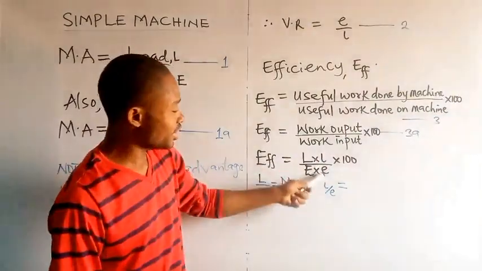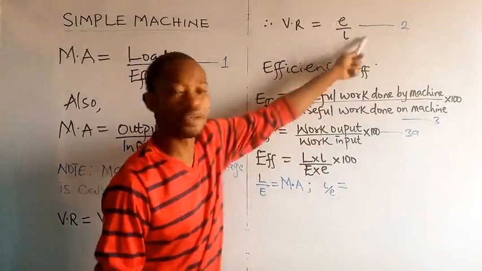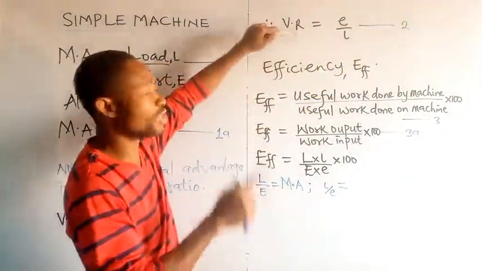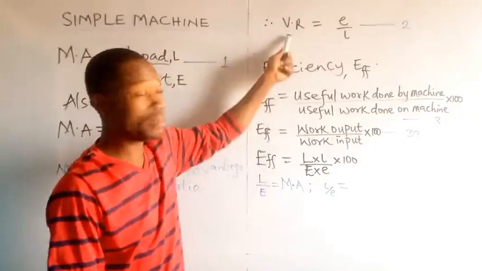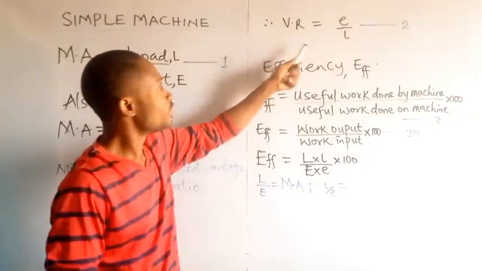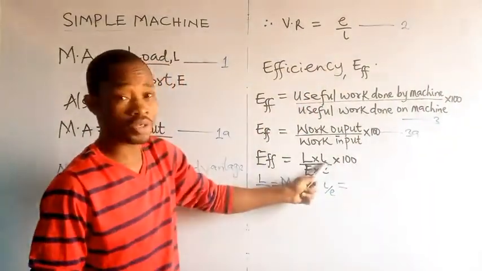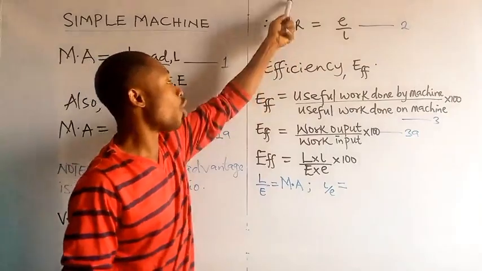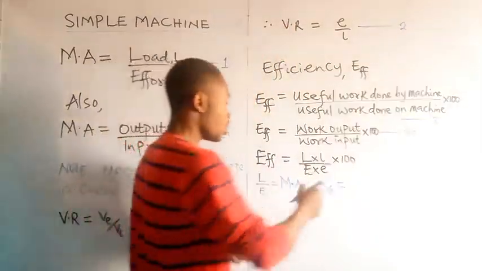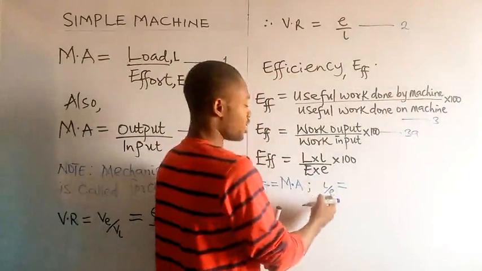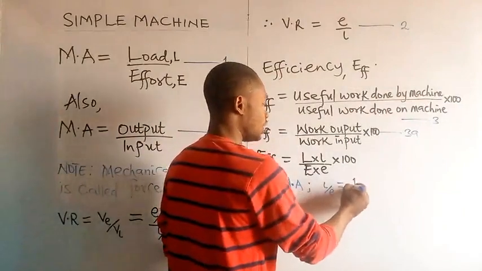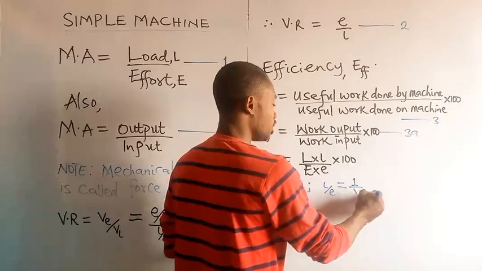So if you compare this with this, it's as if the velocity ratio was turned upside down. Remember, this velocity ratio is over 1. So for this L to go up and E to come down, it means that 1 will go up and velocity ratio will come down. So distance moved by load over distance moved by effort is simply 1 divided by velocity ratio.